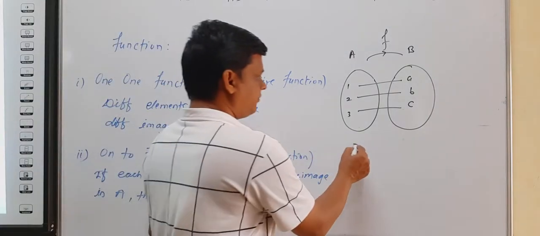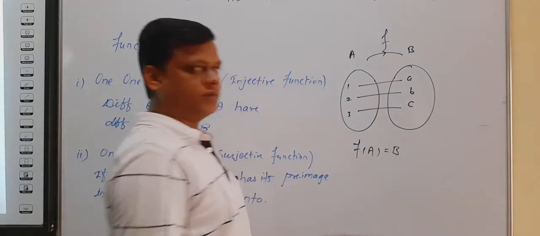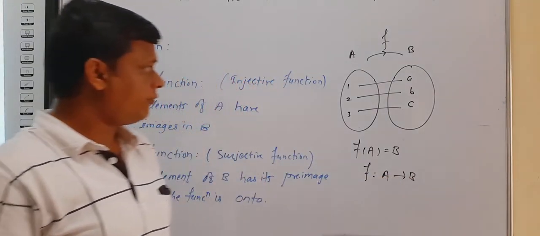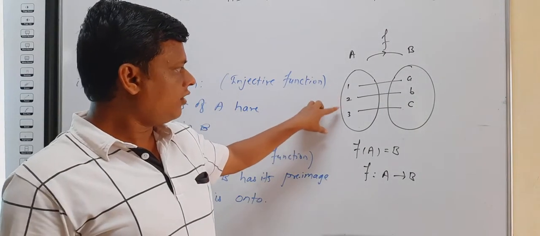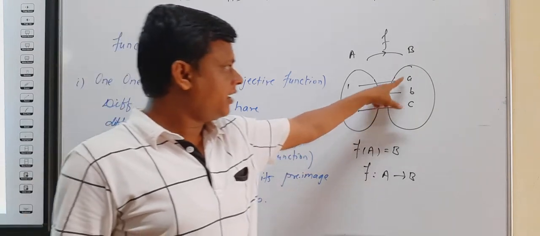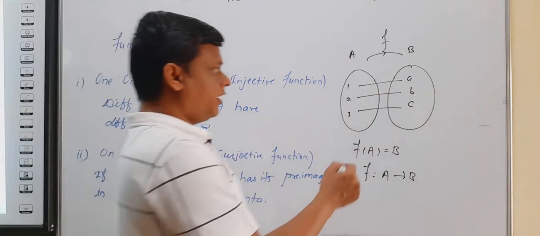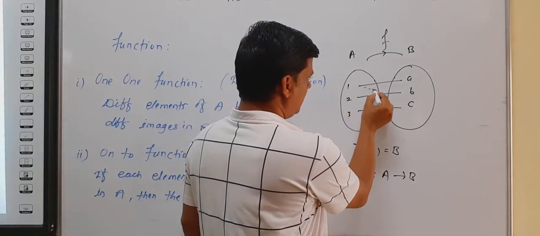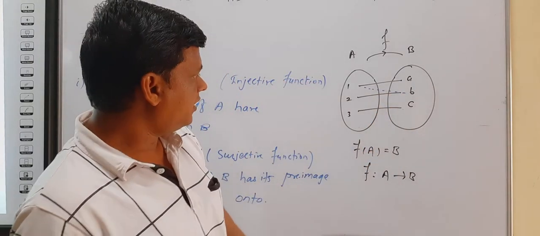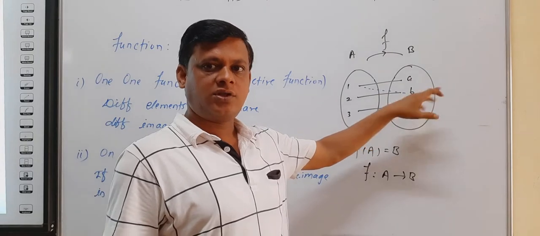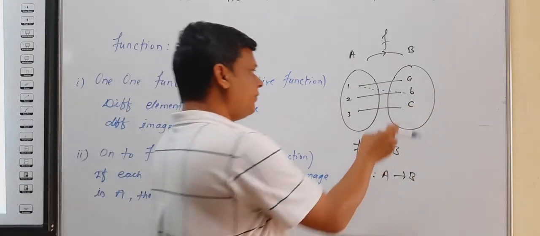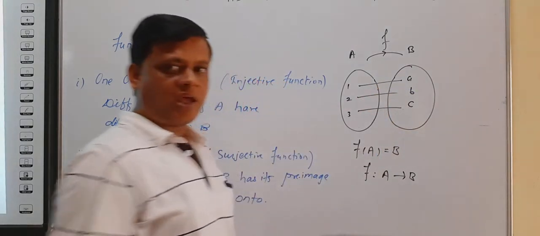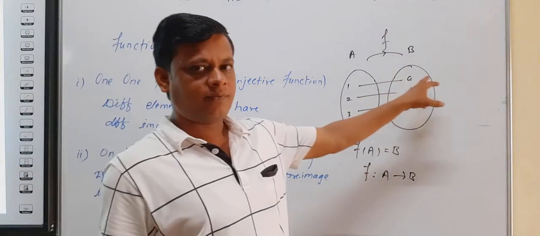So the function is f of A equals B, or we can denote it as f from A to B. Now if you observe, each element of A has a different image in B. So if we consider it in this form, then this one has two images. So this is not a one-one function.